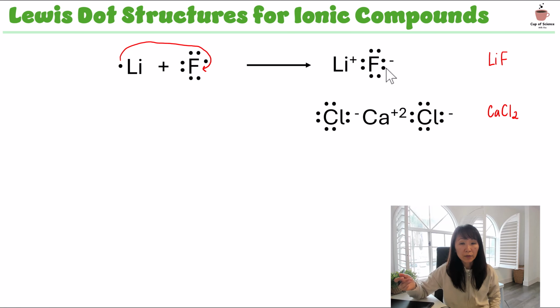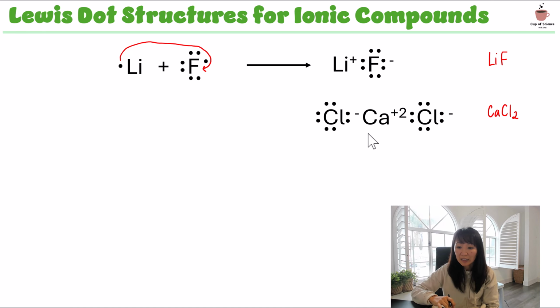Where did it lose it from? It lost it from the valence electrons. This represents the valence electron, so this is void of it. Fluorine has gained an electron on its very outermost level. It already had 7, now it's going to have 8, which is highly favorable since it fulfills the octet.